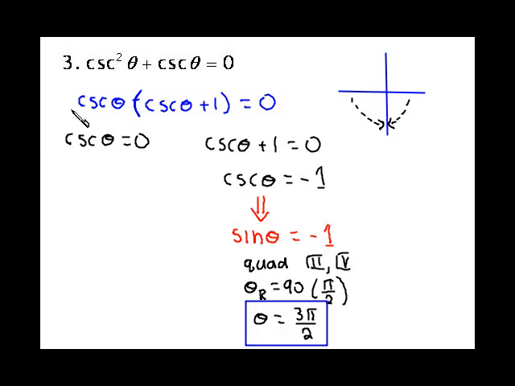Now the other one can be a real problem because we have cosecant theta is equal to 0. We have a reciprocal graph function, and this one gets complicated simply by, if you wrote this as 0 over 1, you'll see why it doesn't work out too well.